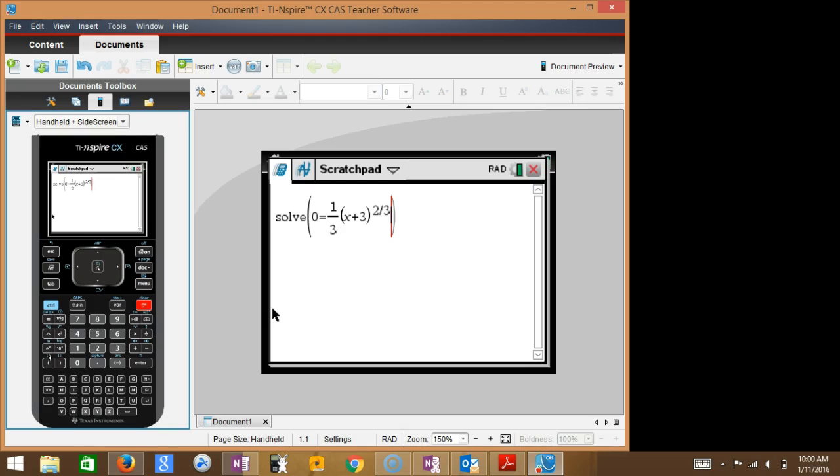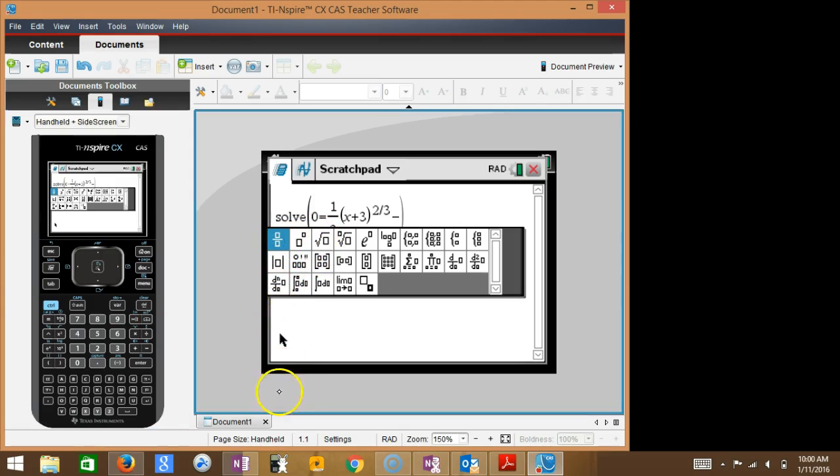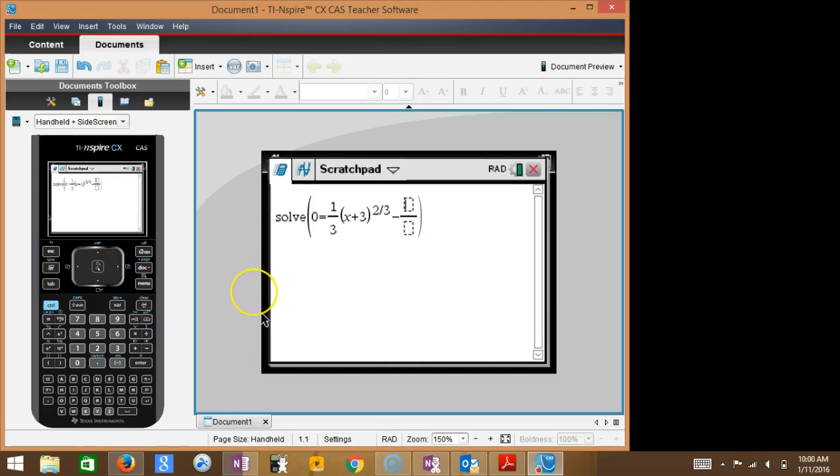Okay, then what? Minus, and then it was like 4/3? No, minus 1 minus 4. Minus the quantity of 1 minus 4. No, that's the derivative. We're typing in the derivative.